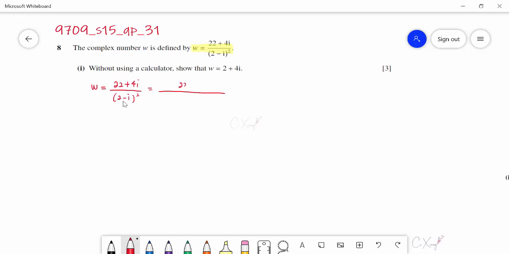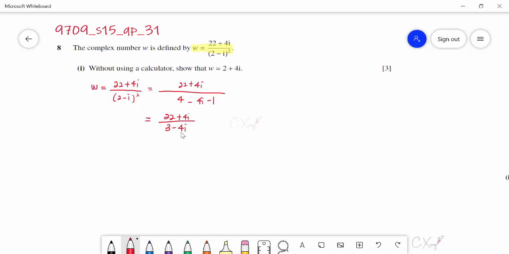The numerator is still the same, 22 plus 4i. For the denominator, I will have 4 minus 4i minus 1. If I rephrase it nicely, this is what I have.